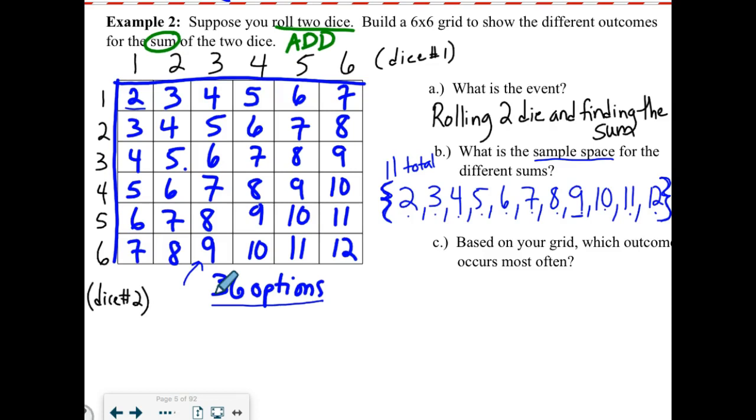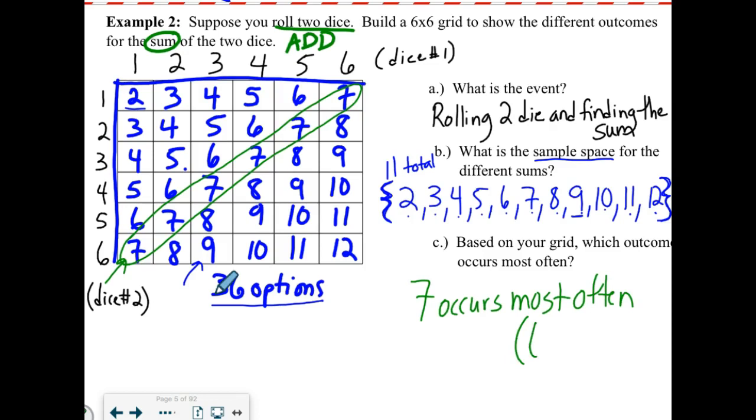Alright, final question. Which outcome occurs most often? I'll find it around the middle. So, to answer my question, I would say 7 occurs most, and it occurs 6 times in my grid.